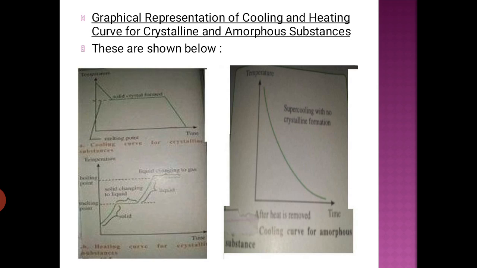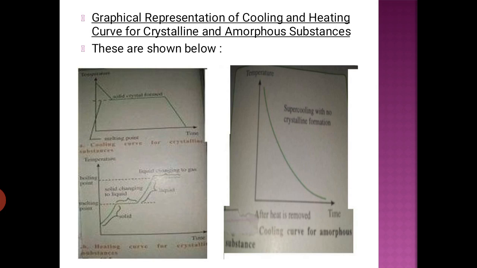The temperature started dropping from the highest point, and at a particular point, it was steady. It was steady before it changed again and started dropping. So that very point where it was steady is the melting point. You can see it in that graph.